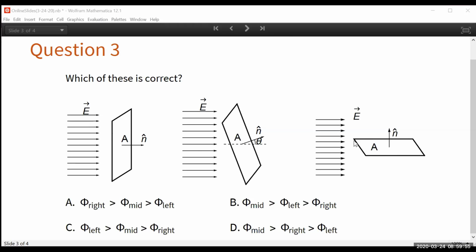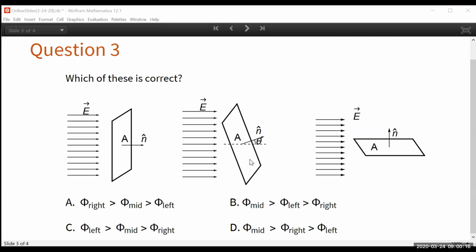So if you look at the third picture, the one to the right, all of these electric field lines look like they're parallel to the area. So it's not going to be possible for these lines of force to enter this area, right? On the other hand, over here, all of these electric field lines are going to cross this area.